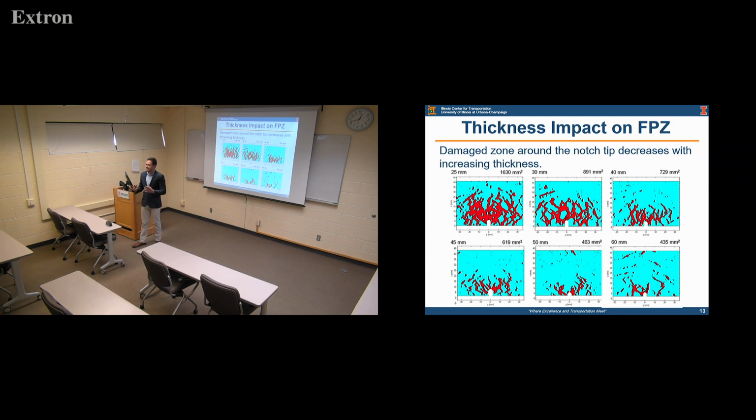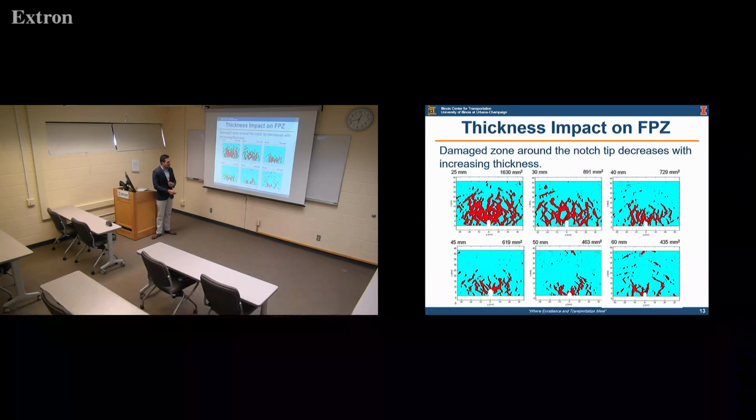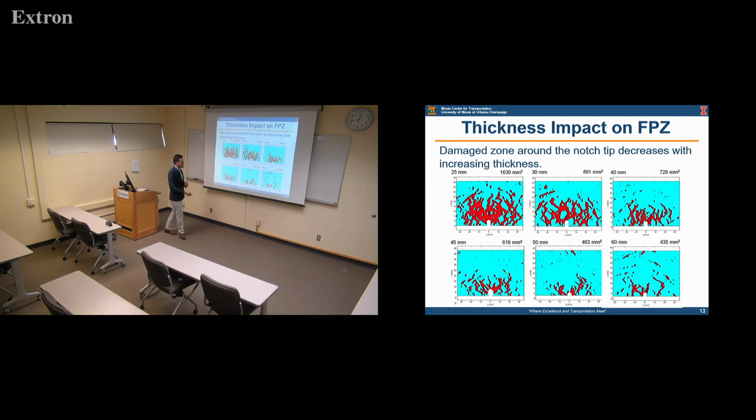When we increase the thickness, we have a larger specimen. This larger specimen, with more material, causes, as I mentioned, more confinement in the development of this crack or the fracture processing, and that confinement restricts the propagation of the crack. That's why we see that when I increase the thickness, all the strain field was kind of concentrated close to the notch tip at the point of failure.